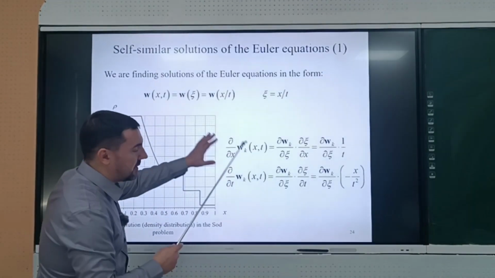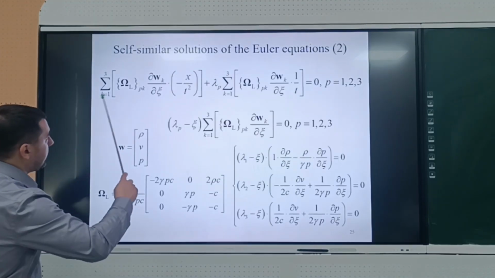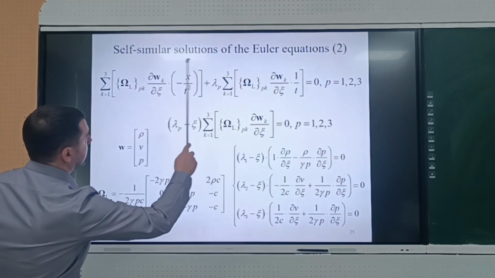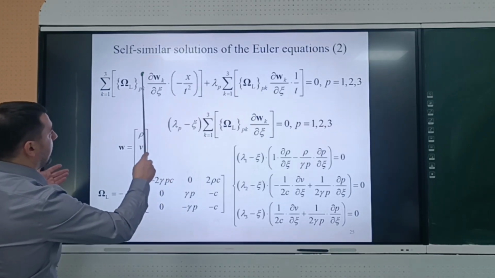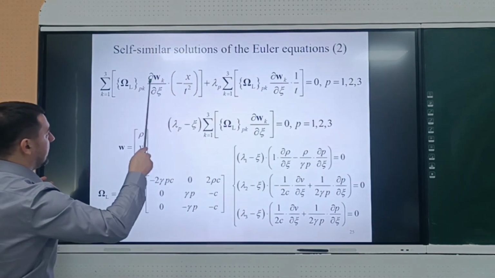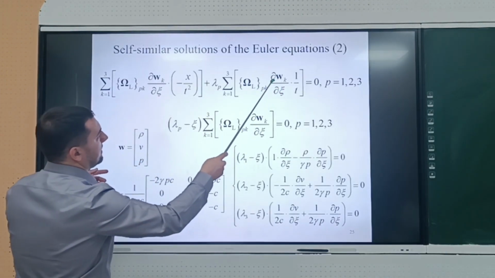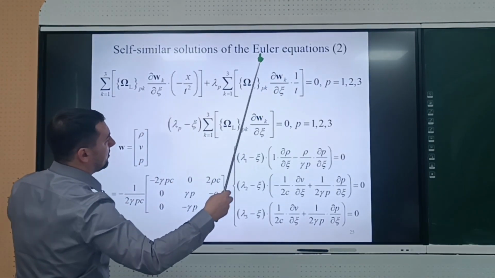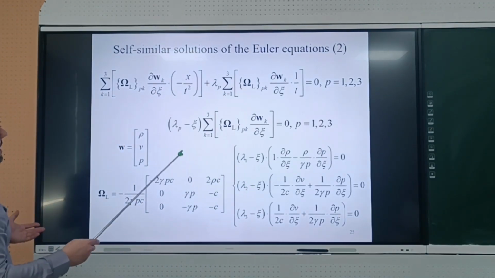And then we should put them into the compatibility conditions and just collect the terms. So we have dwk over d psi here and here. It comes from the derivative with respect to time, and this comes from the derivative with respect to x. But now we can combine them because we have the same dwk over d psi, right?